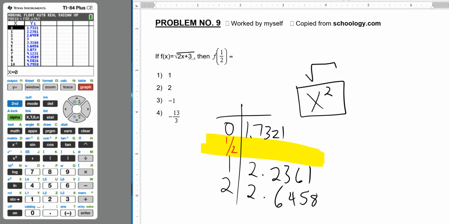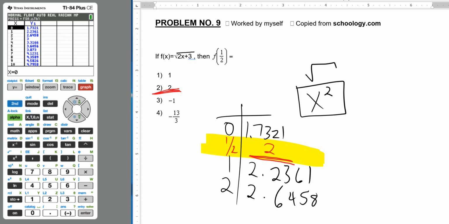If it's increasingly going up, is there one of the choices that you can pick that would fit right in over here and would make sense in the pattern? Okay, so if you look at the choices, 2 is in between 1.7 and 2.2, right?